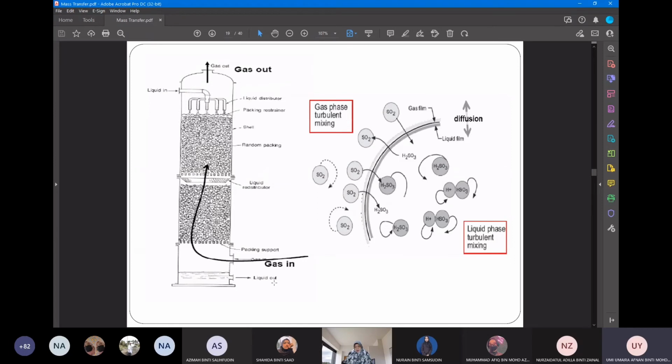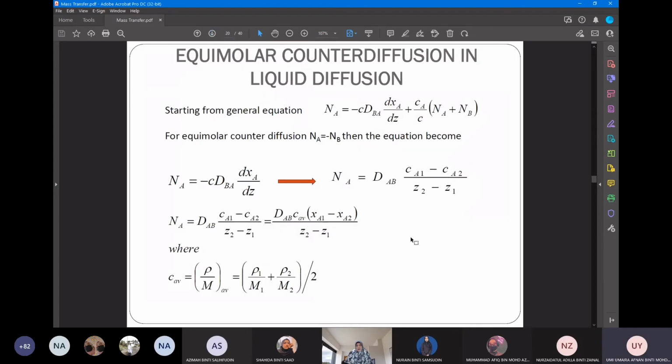Extract is in liquid form, raffinate in gas form. You are going to look at this unit operation in the lab later, so you need to find out the location of the feed streams and the outlet streams. You will have quite a big piece of equipment there.